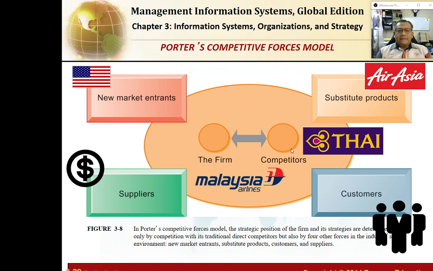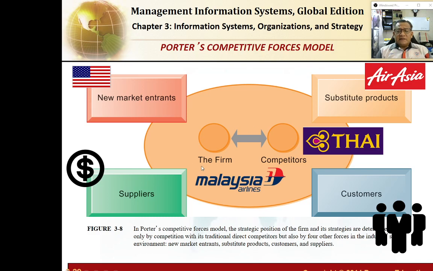Okay, let's discuss Porter's competitive forces model from the perspective of the airline industry. So the firm is here. I'm highlighting Malaysia Airlines. This is the firm, or the company. Of course, Malaysia Airlines competes directly or indirectly with Thai Airways or Singapore Airlines. Those are their direct competitors, right?